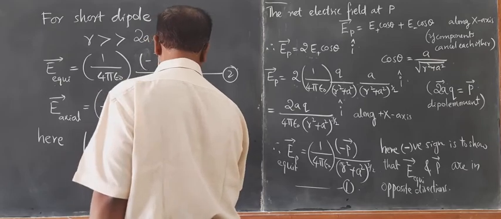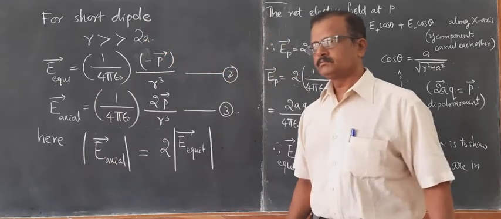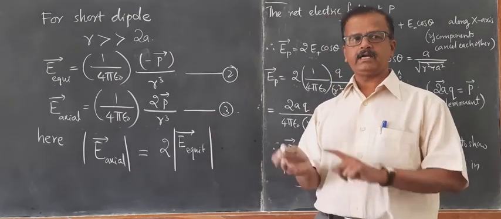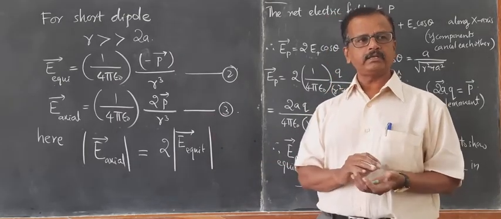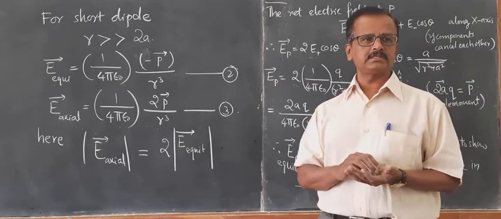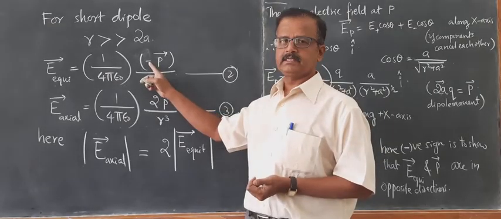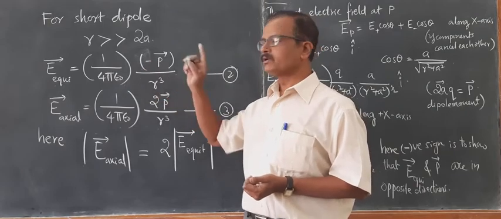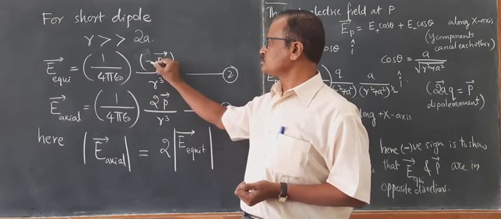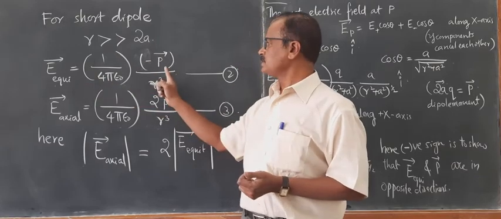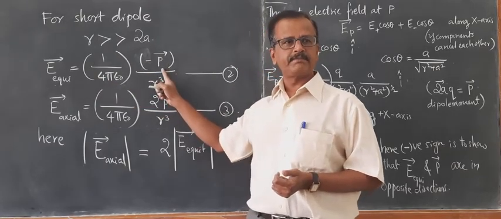But you see the direction. Direction of E axial and direction of E equatorial, they are exactly in opposite sense. Here it is minus. I told you what is the significance of negative sign. The negative sign is to show that E equatorial is in opposite direction of dipole moment vector p.